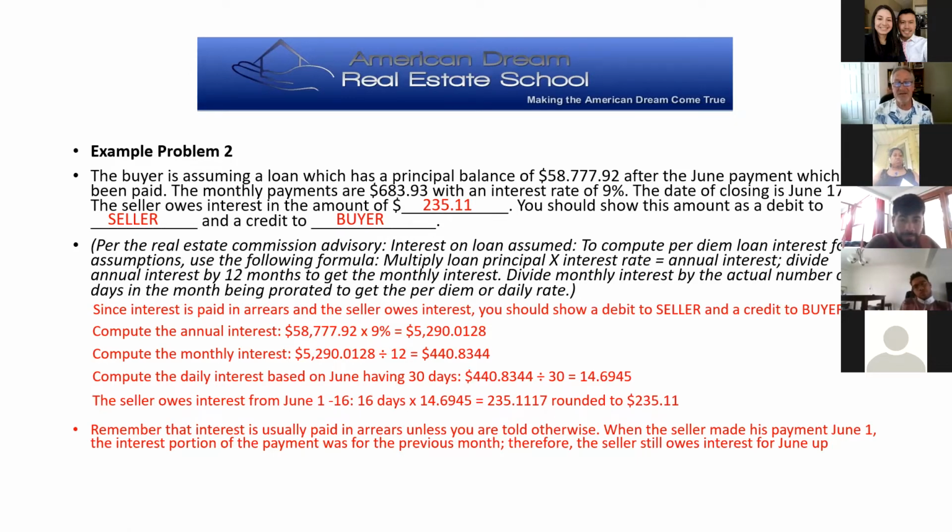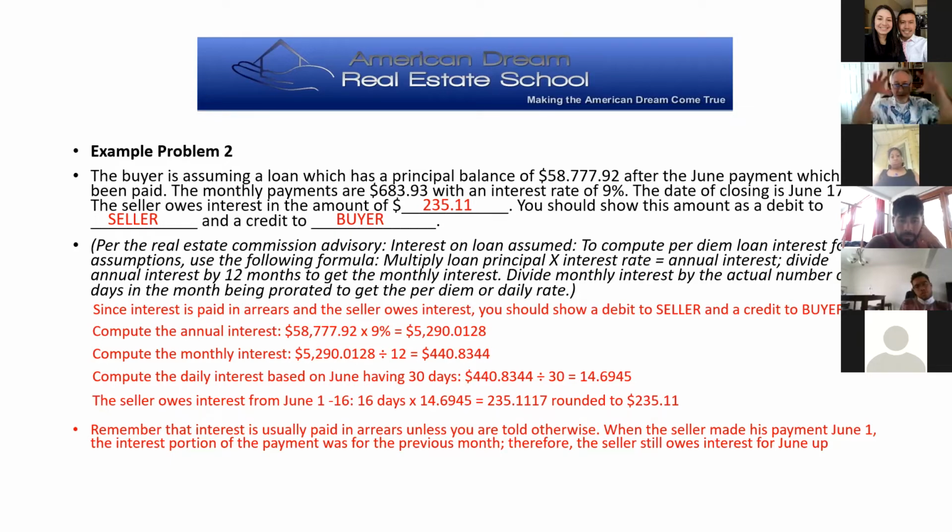Here's something else. To do this problem, was it important for us to know 683.93 was a monthly payment? No. Not at all. So here you see there could be extra information in questions that you don't need to answer the question. So be careful of that when you're reading the question. Here's the practice you want to do.